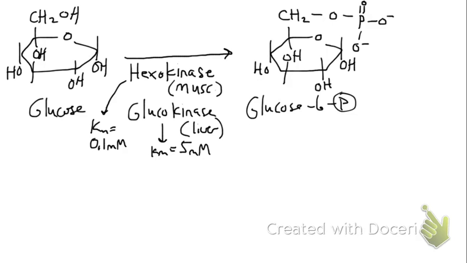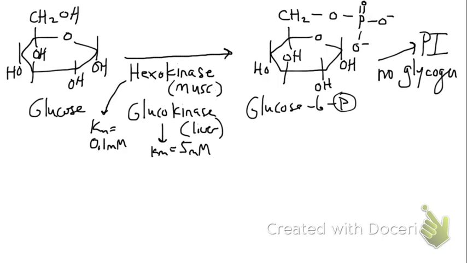So here's glucose 6-phosphate. Glucose 6-phosphate is a product inhibitor for those cells that do not produce glycogen. If a cell does not produce glycogen, then the buildup of glucose 6-phosphate will inhibit hexokinase or glucokinase or any of those glycolysis enzymes that are upstream.